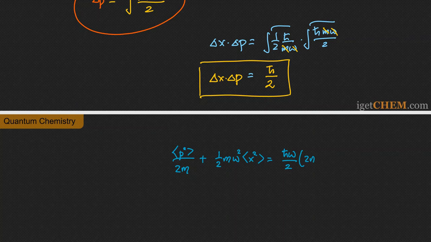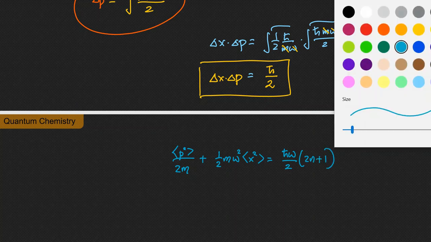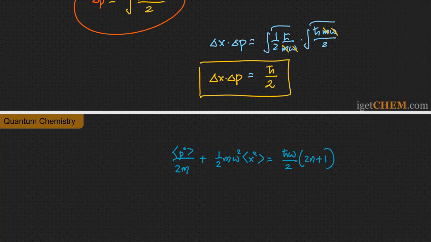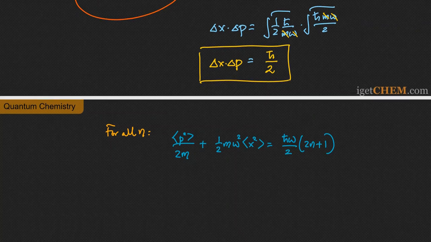So this is 2n plus 1. For n equals 0, we have worked that out explicitly, and for all n this is certainly going to be true. So as n increases, for the harmonic oscillator, the ground state is n equals 0, and the excited states, the high energy eigenstates, are 1, 2, 3, 4, and so forth.